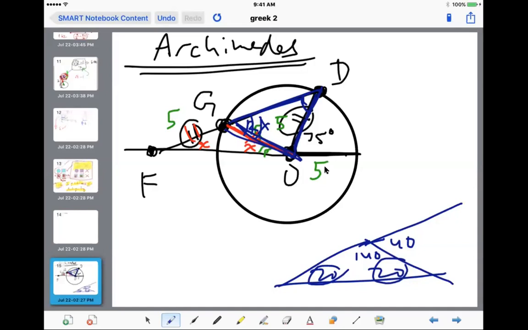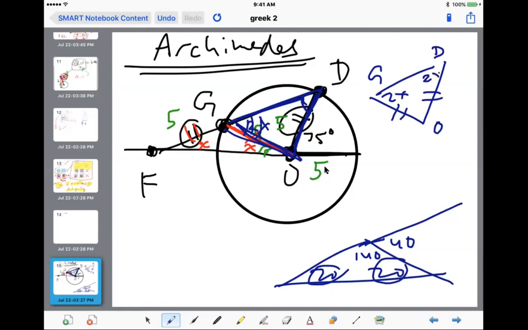So GDO, we can go simpler than that. It's not quite X. So what can you say about GDO? It is 2x.